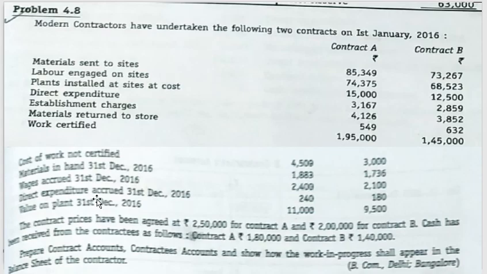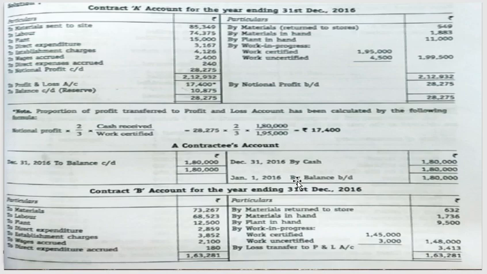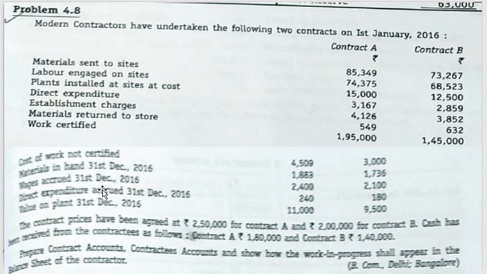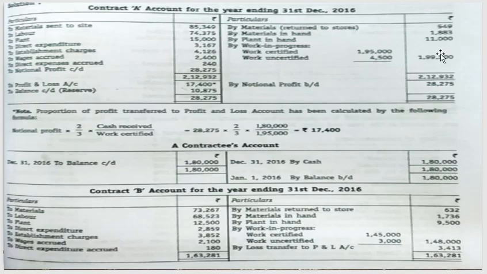Then other items like the closing value of materials, which is 1,883, is recorded. Then we have the closing balance of plant, the value of plant on 31st December 2016, which is 11,000. So 11,000 has also been recorded.